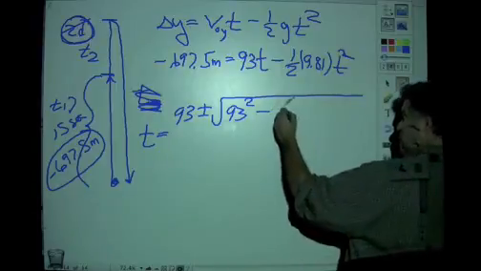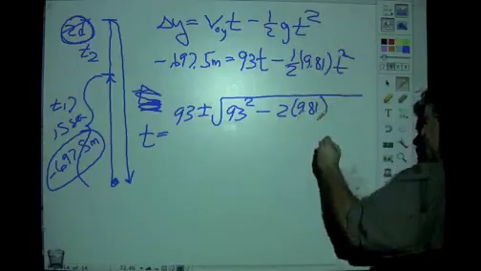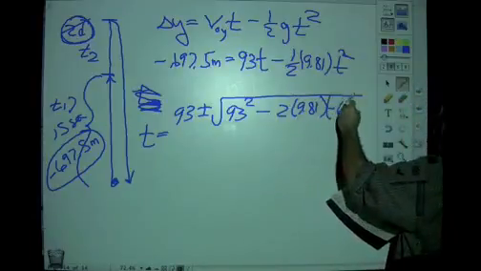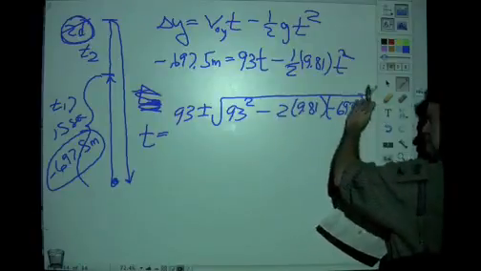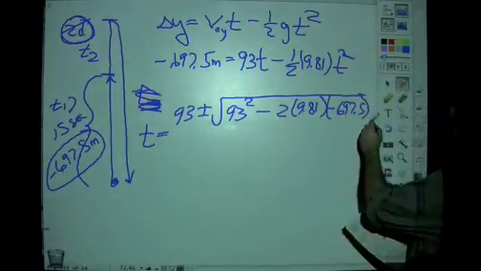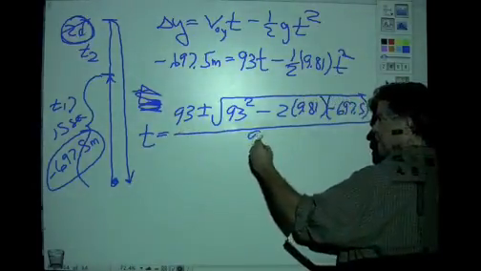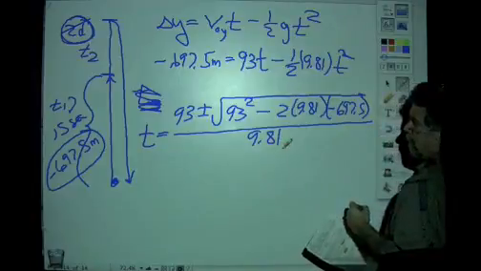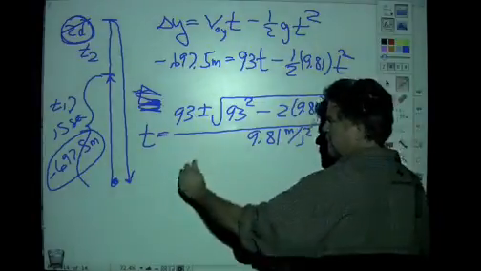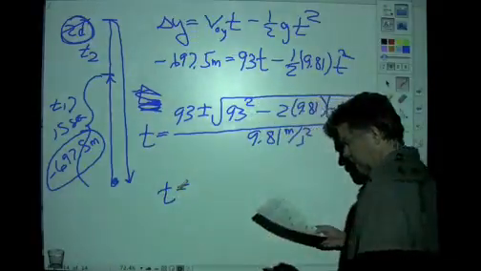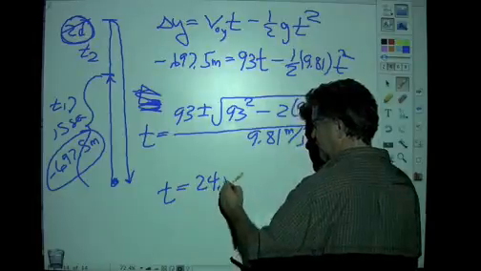Times 2, 9.81 times negative 697.5 because I'm falling. And the old rule is inside the radical I don't need to see units, it's too messy. And then divide that by 9.81 meters per second squared. And punch in, and t ends up being 24.7 seconds, but that's not your answer.